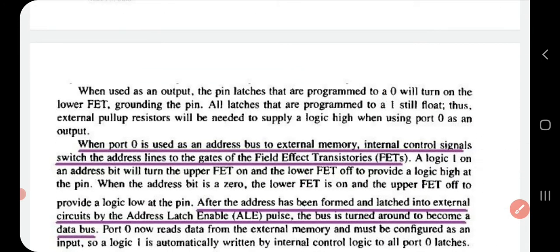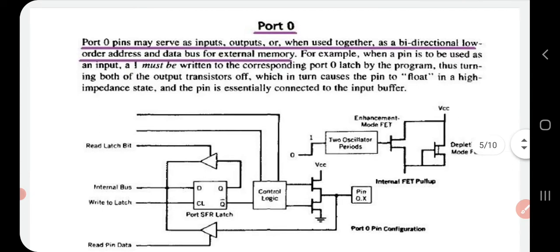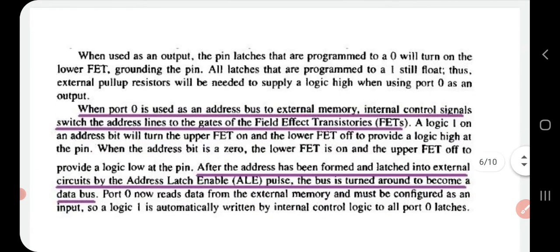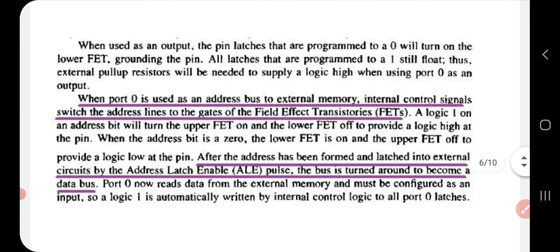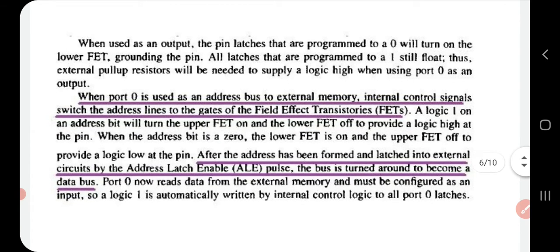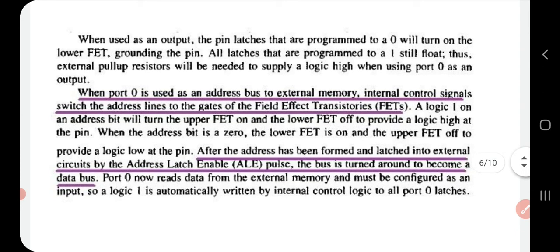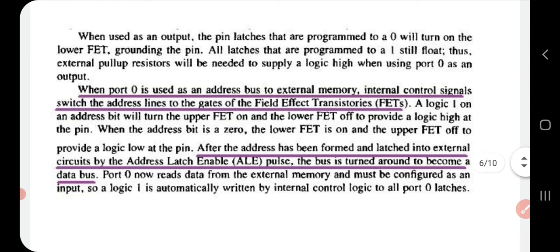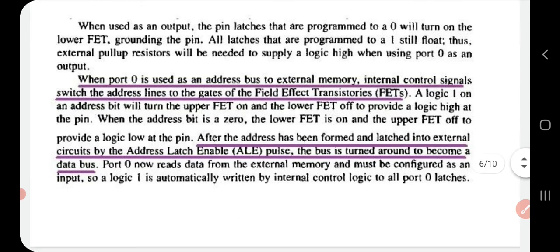All the latches that are programmed to 1 will continue to be in their float state. This will pull up the transistors, so that a logic high will be produced when port 0 is used as the output.